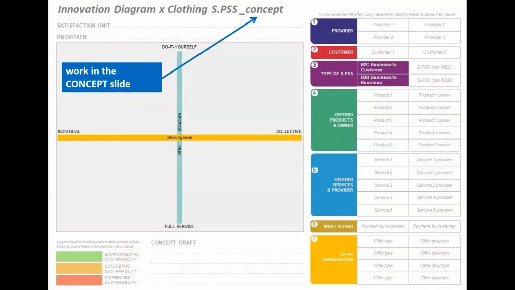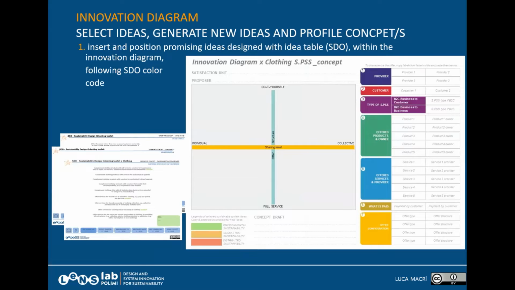So how to use it? We skip the part of competitors and existing offers, which are separate slides in the PPT that you will receive. Just go to the concept slide. And then the first thing is to start from the SD toolkit that you used yesterday. So you see on the left the idea boards that you were working on.